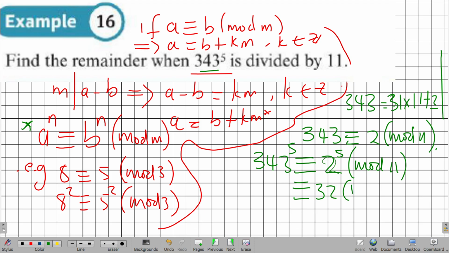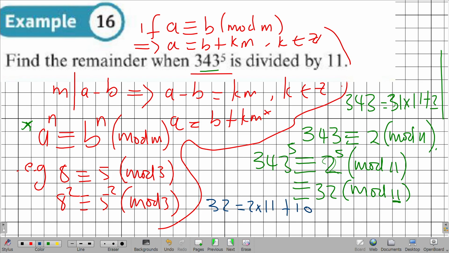It is 32. Still, 32 is greater than 11, so we can check what happens if I divide 32 by 11. Using the division algorithm, it is 2 times 11 plus 10.